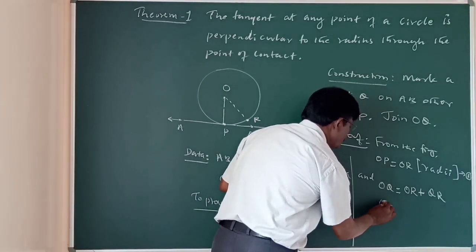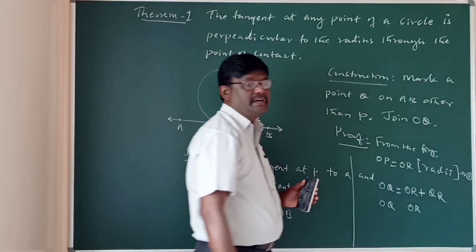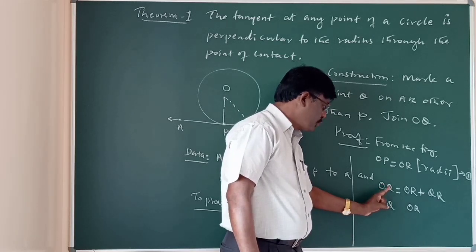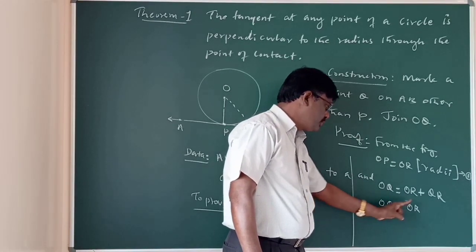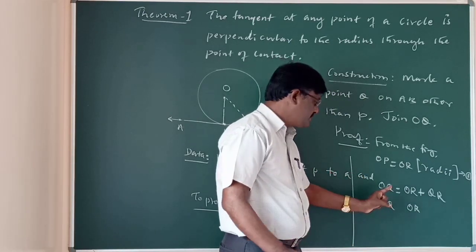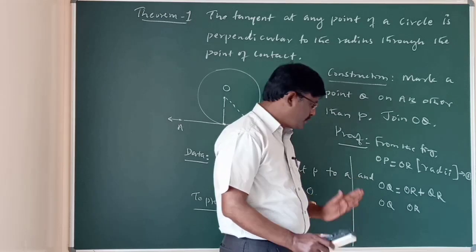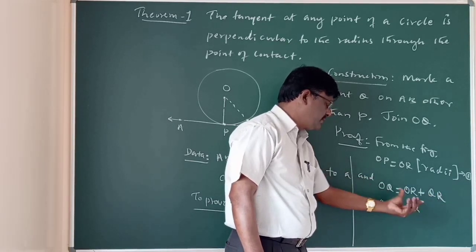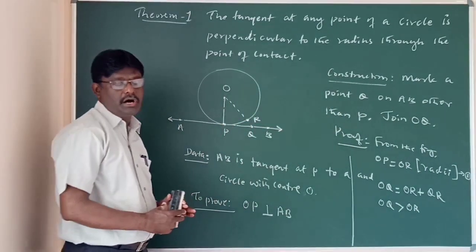If I take OQ and OR, leaving this QR, what could be the relation between OQ and OR? Either they have to be equal, or lesser, or greater. Since OQ equals OR plus QR, when you take only OR leaving QR, just by simple common sense OQ must be greater than OR.